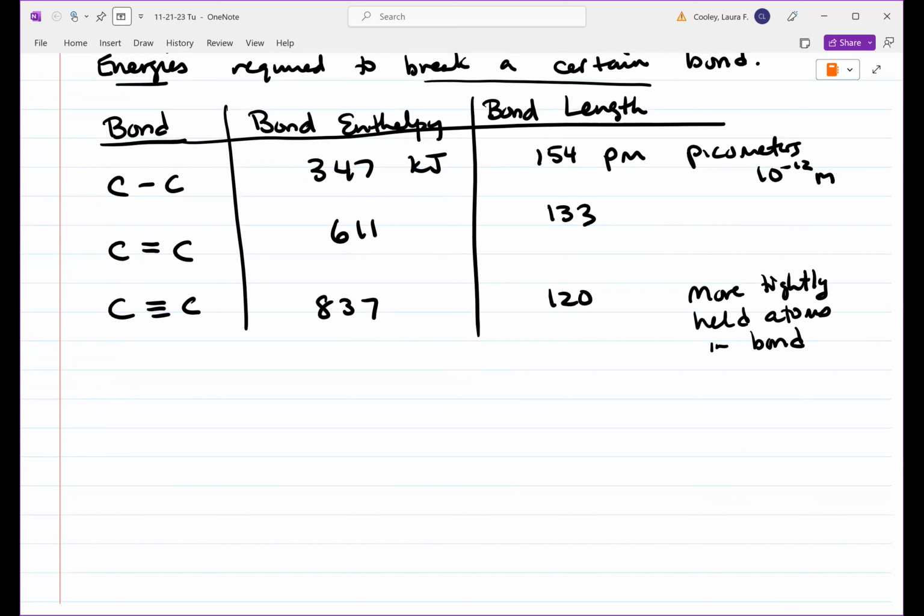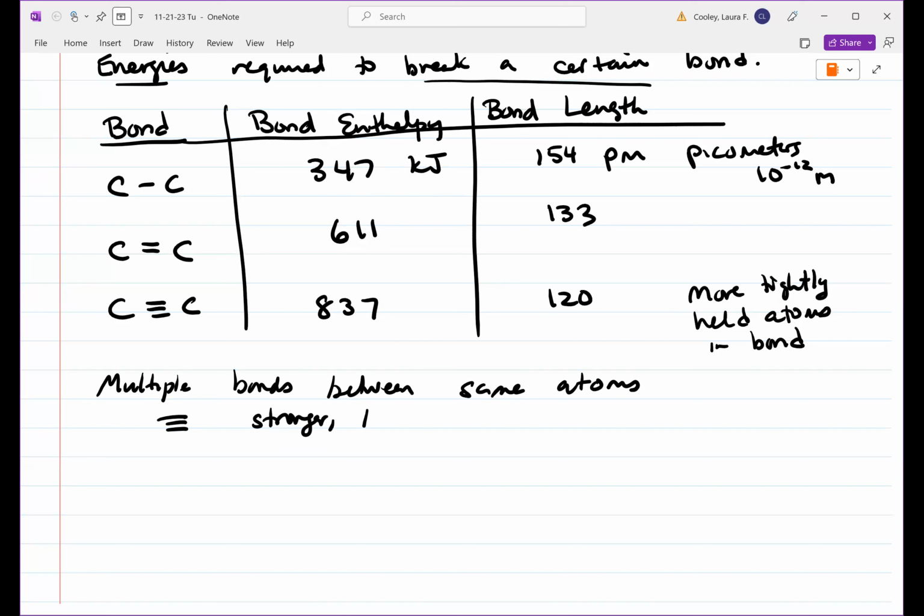But if I'm comparing a CC single bond, CC double bond, CC triple bond, the triple bond will always be stronger and it will always be shorter. So multiple bonds between the same atoms: triple bond is stronger and shorter. Single bond will be weaker and longer.